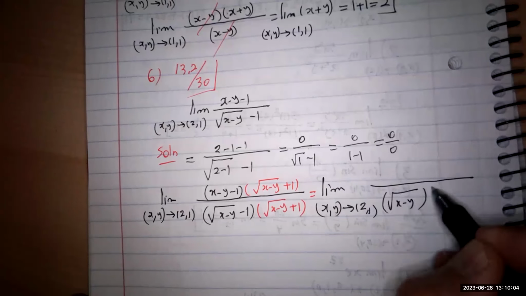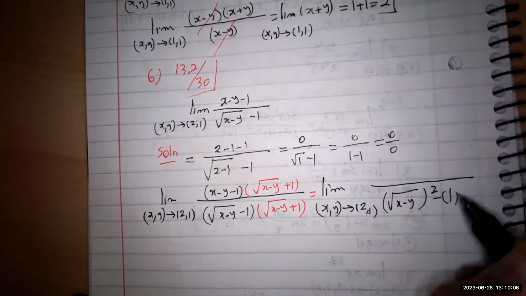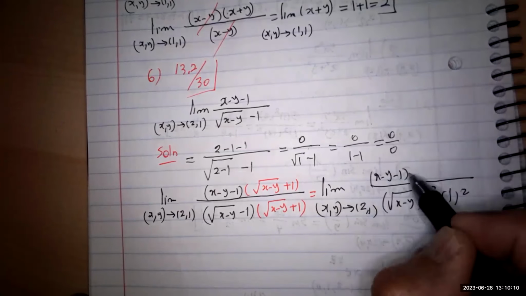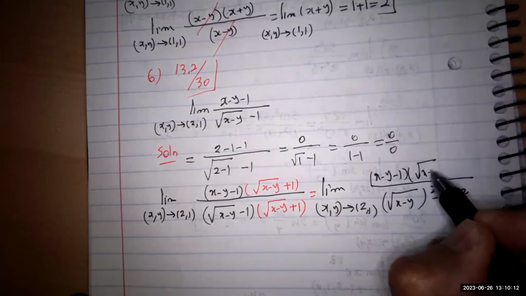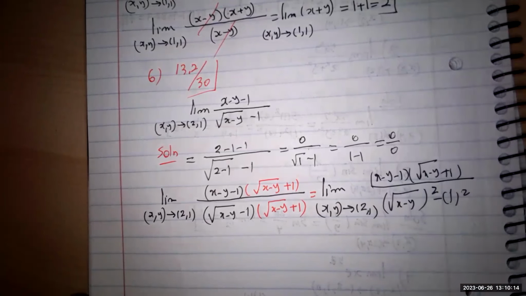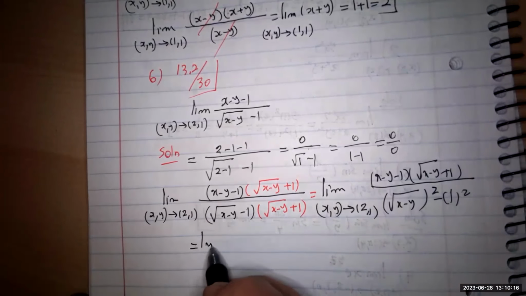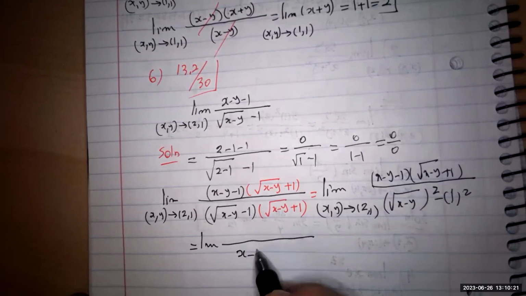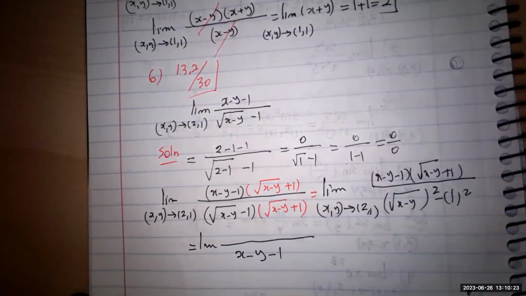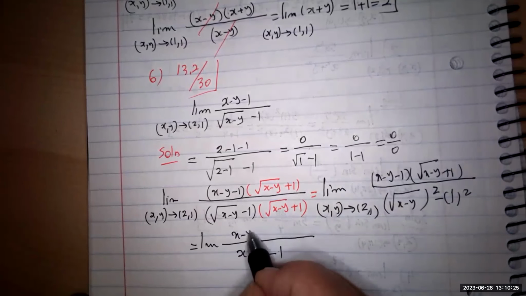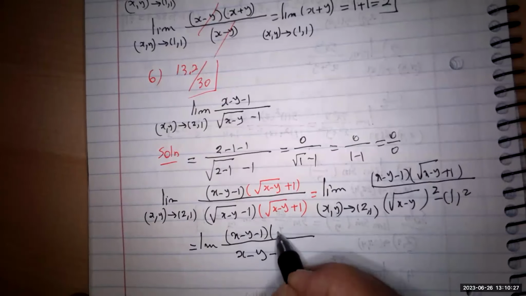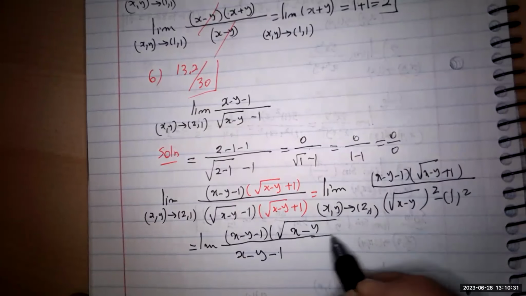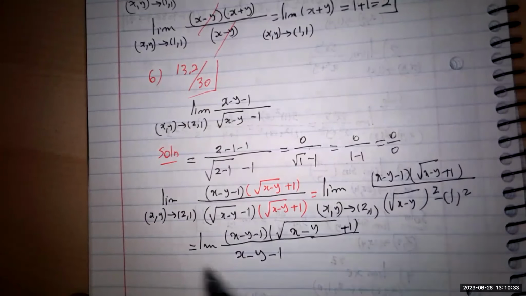The top is going to be unchanged: radical x minus y plus 1. Now, the bottom one would be that common factor you are interested in. That gives x minus y minus 1. And on the top, you already have x minus y minus 1, so we can cancel it out. That gives us radical x minus y plus 1 outside.